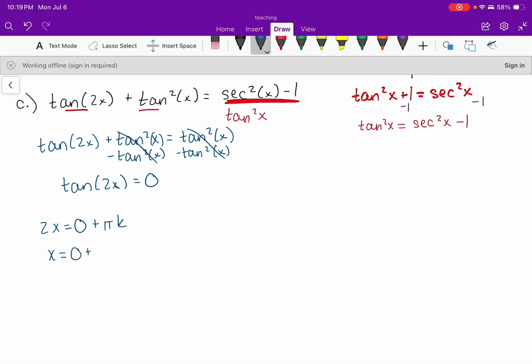I get 0 plus pi over 2 k. You could box this in if it said for all values, but since earlier it said between 0 and 2 pi, I'll write out my answers, which would be 0, pi over 2, pi, and 3 pi over 2 are all going to work in this.